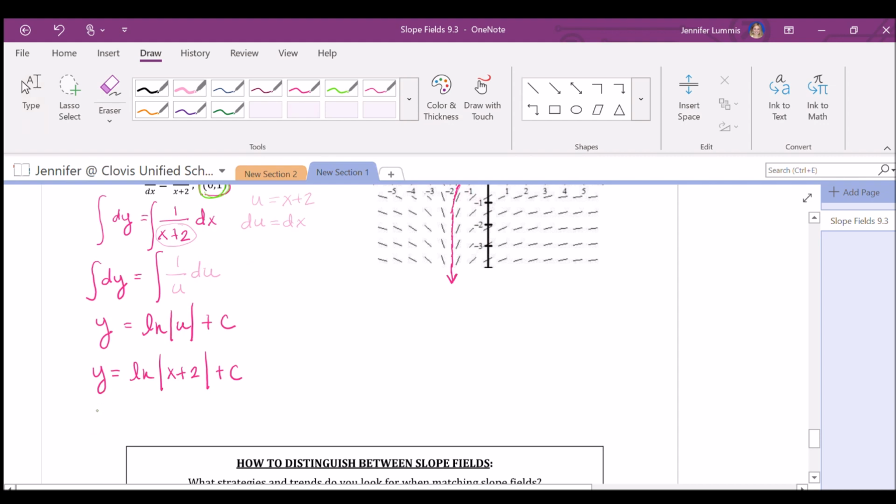So y is 1, natural log of 2 plus c. So c is 1 minus the natural log of 2. And that'll just go right back here into the problem. So we have y is the natural log of x plus 2 plus 1 minus the natural log of 2. And that'll be my equation.